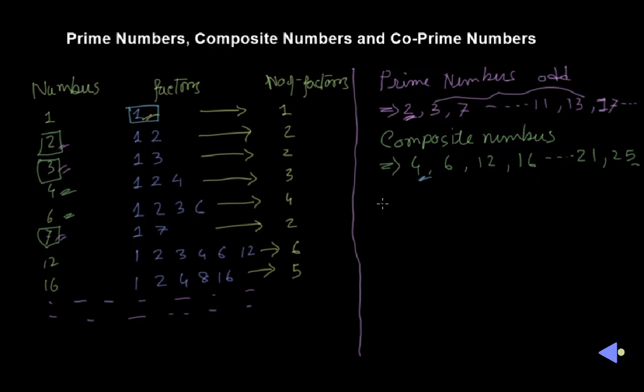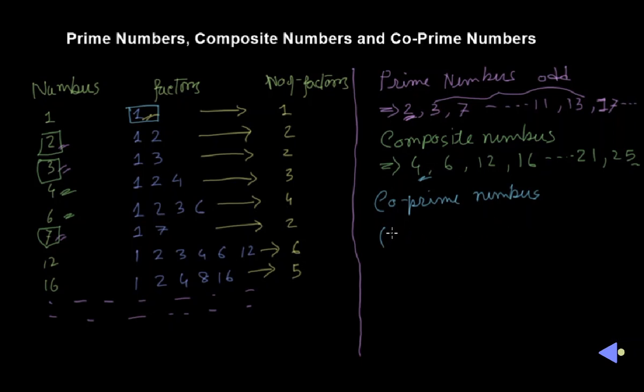So here you see another series, that is called co-prime numbers. If we have a pair of numbers and they have only 1 common factor, that is 1, then that pair is said to be co-prime numbers. Let us take a pair, for example 3 and 7.